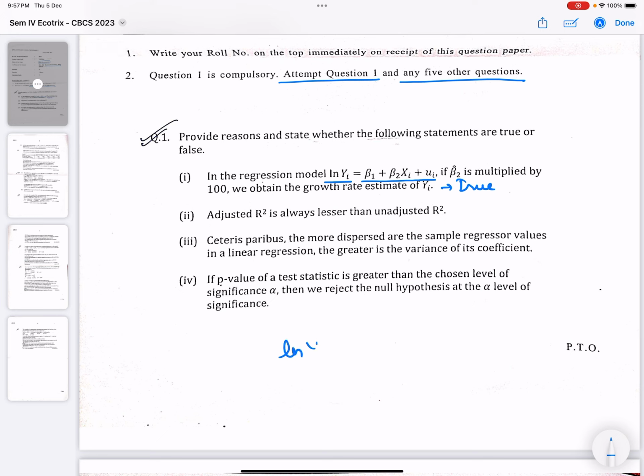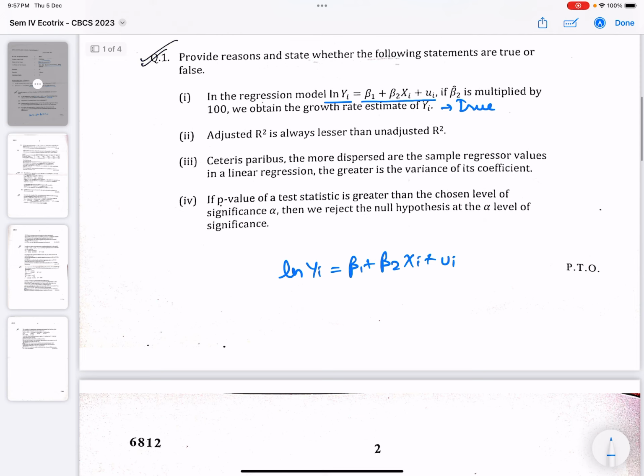and writing the function as log y equals beta 1 plus beta 2 xi plus ui, now differentiating this, 1 by y dy equals beta 2 dx. So this becomes del y by y upon del x equals beta 2.